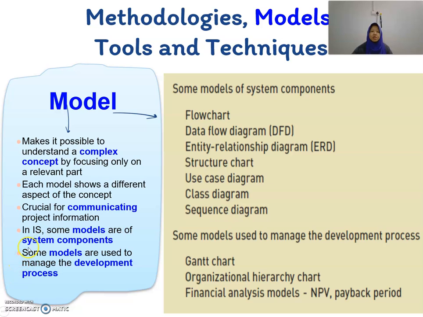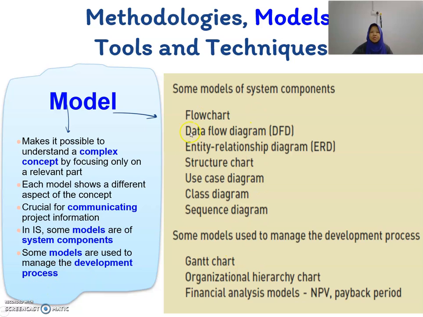Okay, what is model? Okay, model makes it possible to understand a complex concept by focusing only on the relevant part. Okay, each model shows a different aspect of concept, so it's crucial for communicating during the project. Okay, in information system, some models are of the system components, and some models are used to manage the development process.